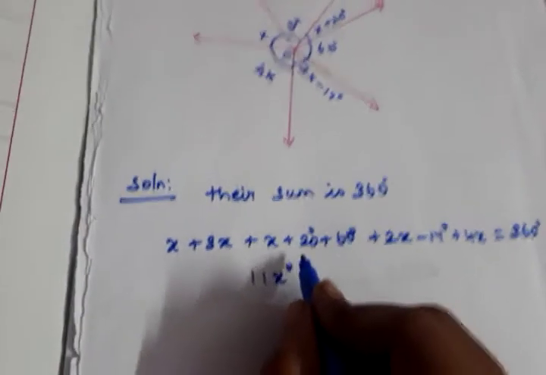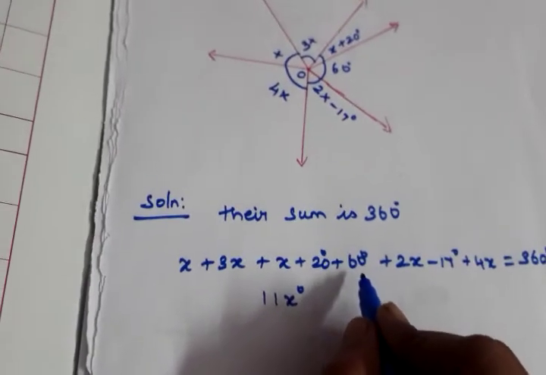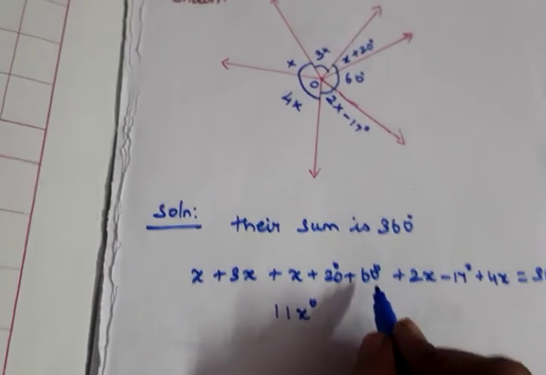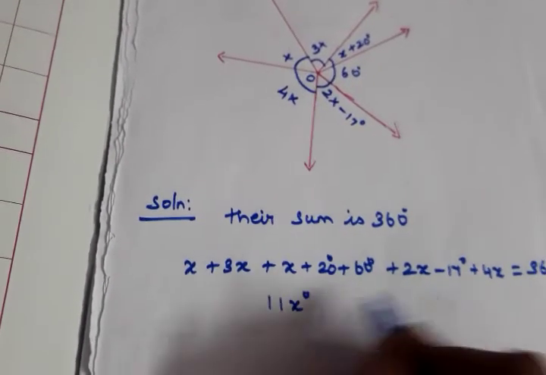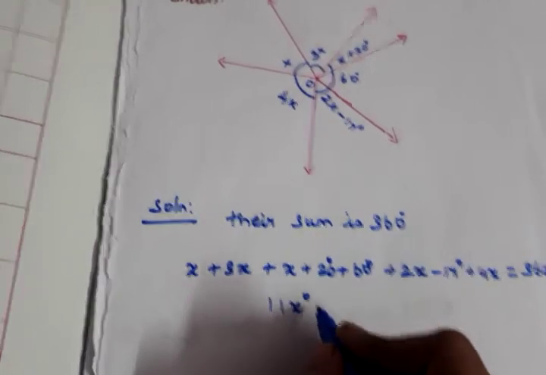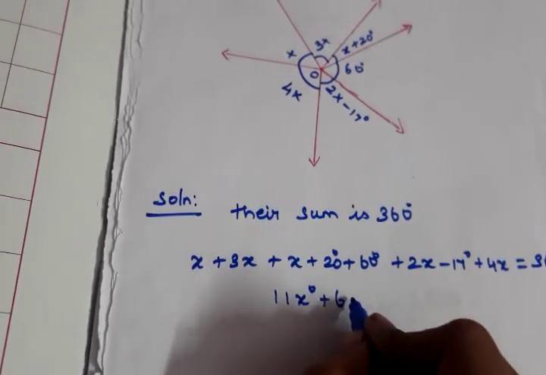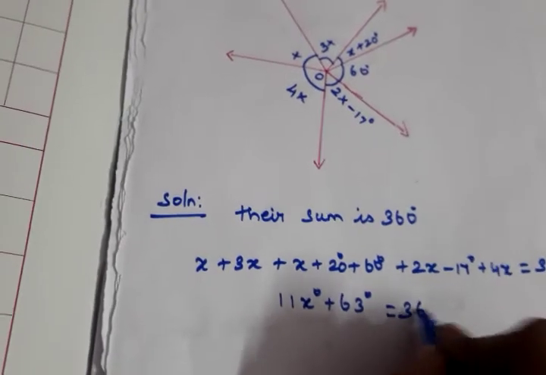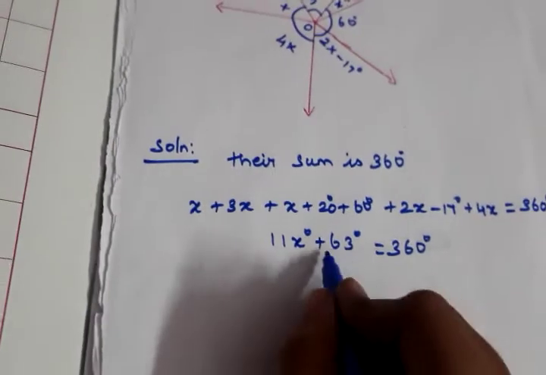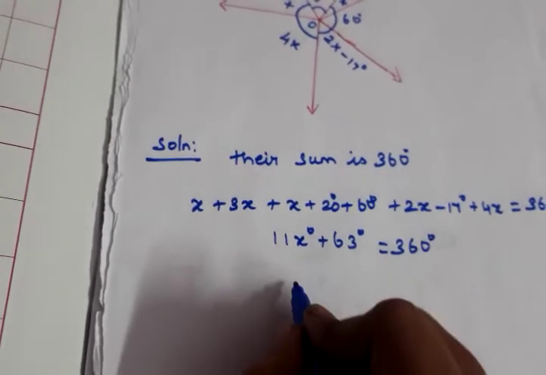Now add the constants: 20 plus 60 is 80, and 80 minus 17 is 63 degrees. So 11x plus 63 degrees equals 360 degrees. Then 63 goes to the other side as minus 63.